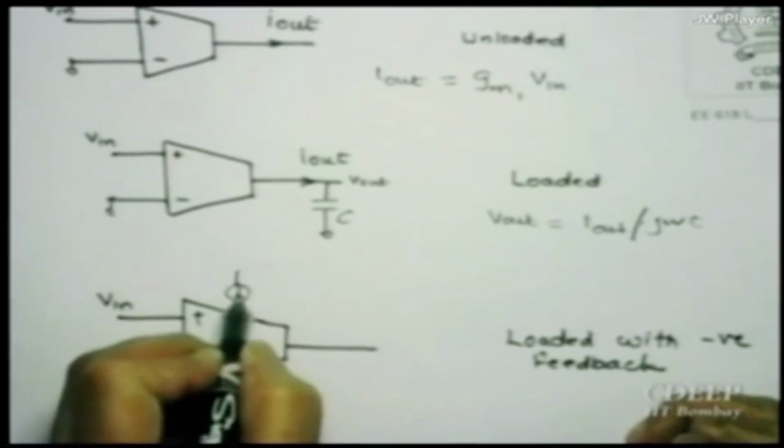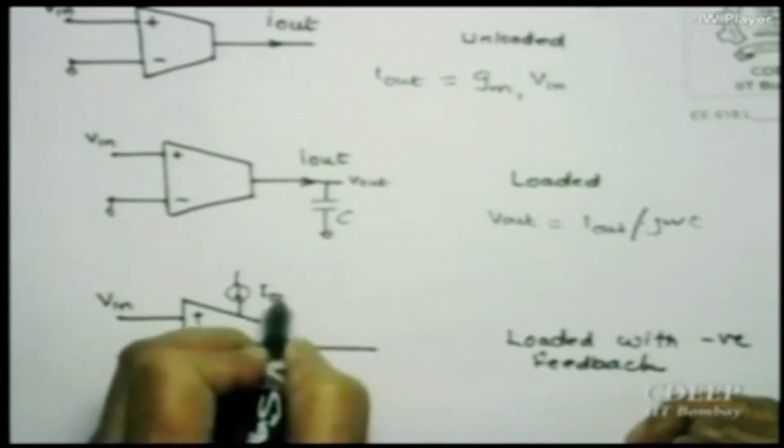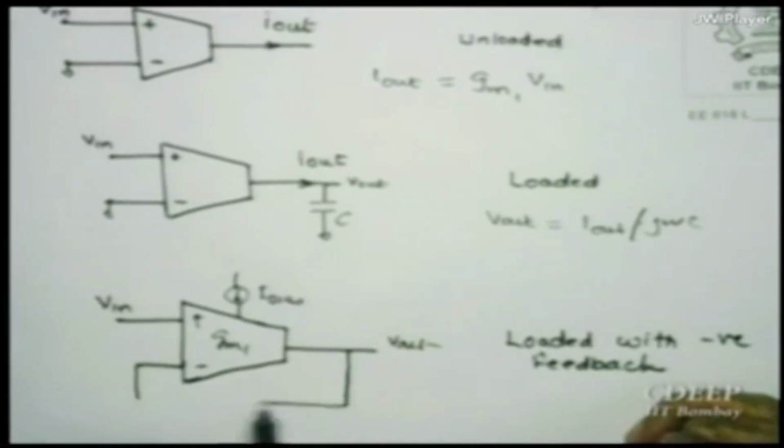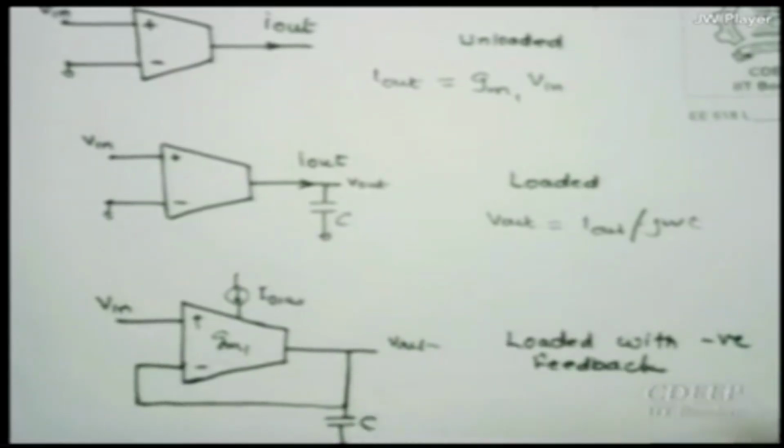So to control it better, of course I didn't show you, but you can always say this is my I bias which is controlling my GM, and this is my V out, I actually feed it back like this, and here I actually put the capacitance. This is loaded and with negative feedback.